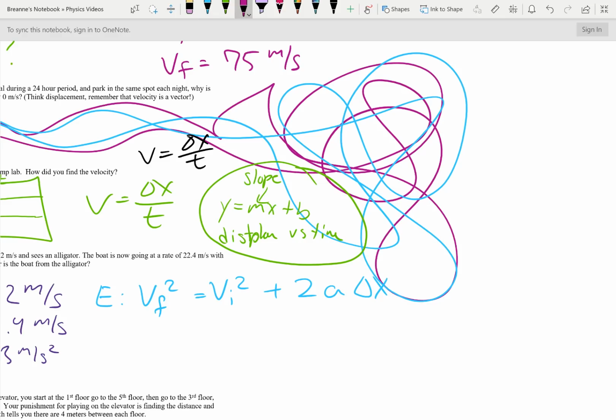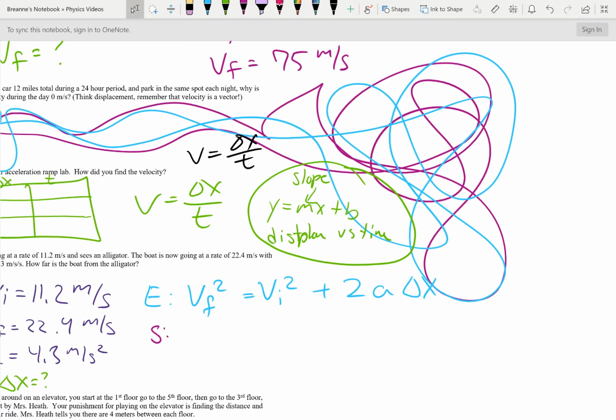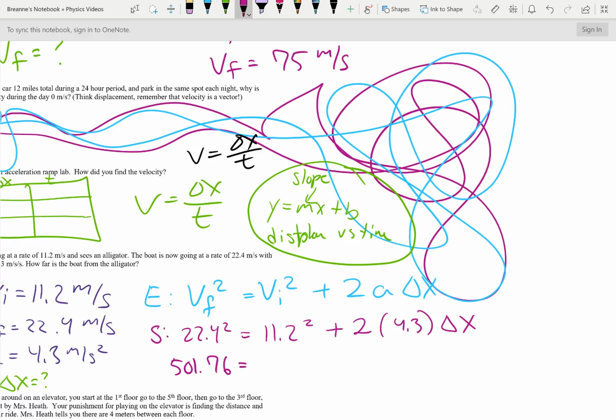Now we're just going to substitute. Our final velocity was 22.4 squared. Our initial velocity was 11.2 squared plus 2 times our acceleration, 4.3, and we're looking for our delta X. Remember our PEMDAS, so we have to square first. 22.4 squared gives you 501.76. 11.2 squared gives you 125.44.